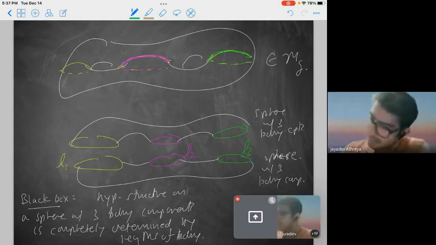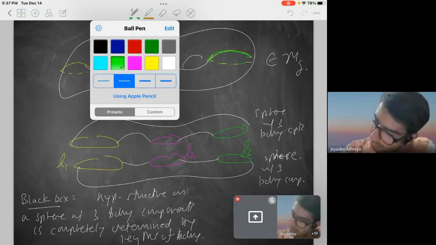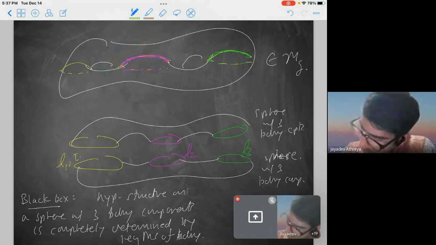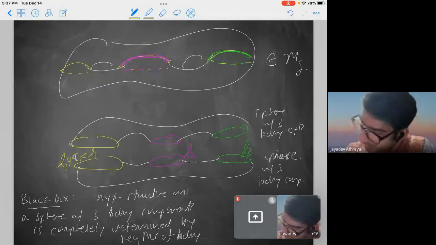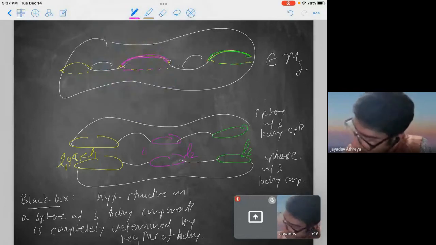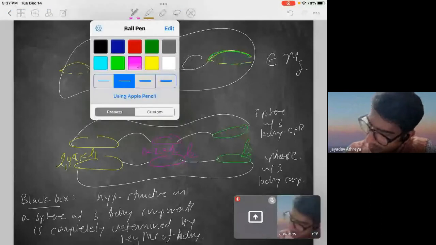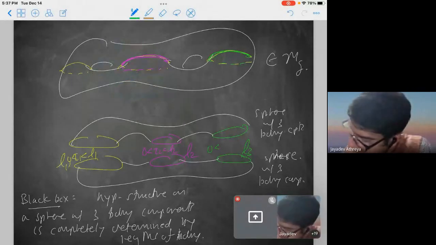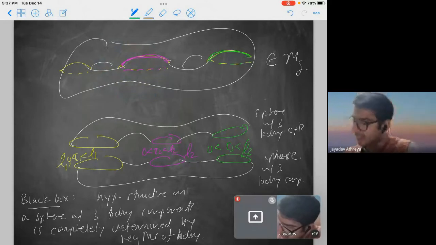So to each thing, I also have a twist parameter, which is in between 0 and the length. So I have a twist parameter, which is in between the length and 0.